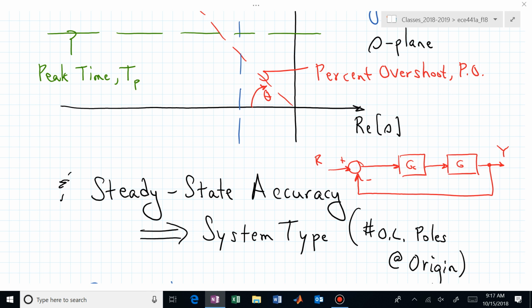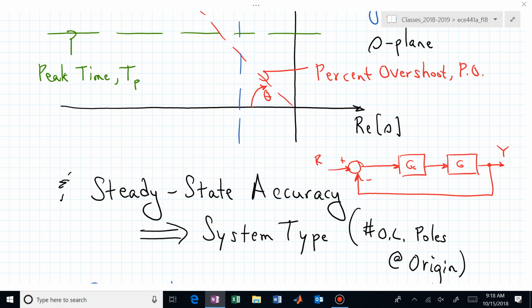That helps you with steady state accuracy, but now if you have a high system type, that means you have a lot of poles where? Right at the origin. Where is the origin relative to stability? Ooh, it's right on the boundary.